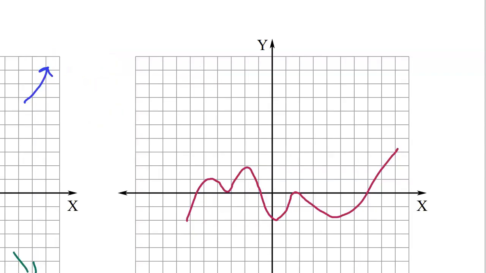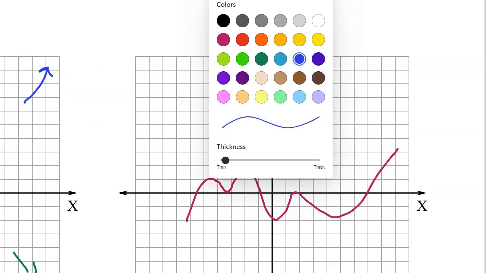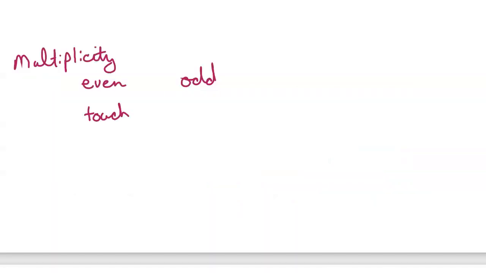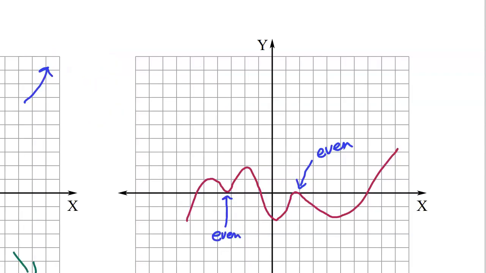Looking at this graph, I don't know how many it has, but this would have an even multiplicity, and this would have an even multiplicity because it touched and went back. If it has an odd multiplicity, it's what we call cross. It crosses at that zero. So these right here would all have odd multiplicities.